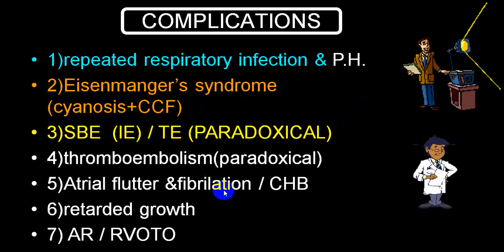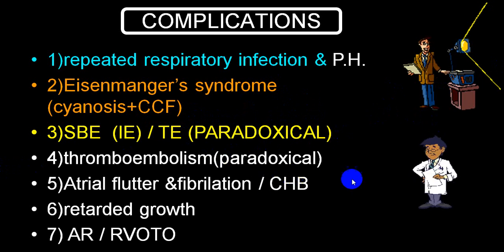Atrial flutter fibrillation is common because of a big, dilated LA, and that can end up with thrombosis and thromboembolism. By and large, it is always systemic, but it can also go from LA, LV into the right side and pulmonary, and that is also paradoxical embolization.